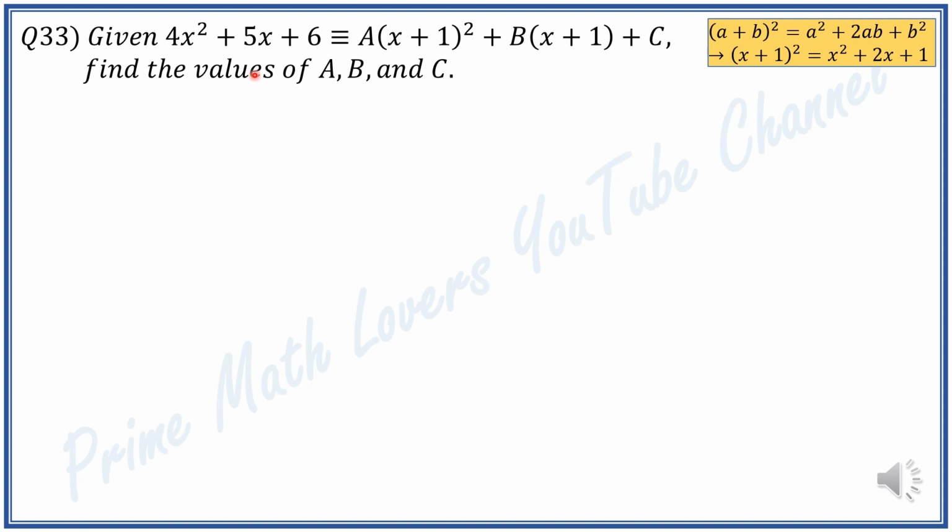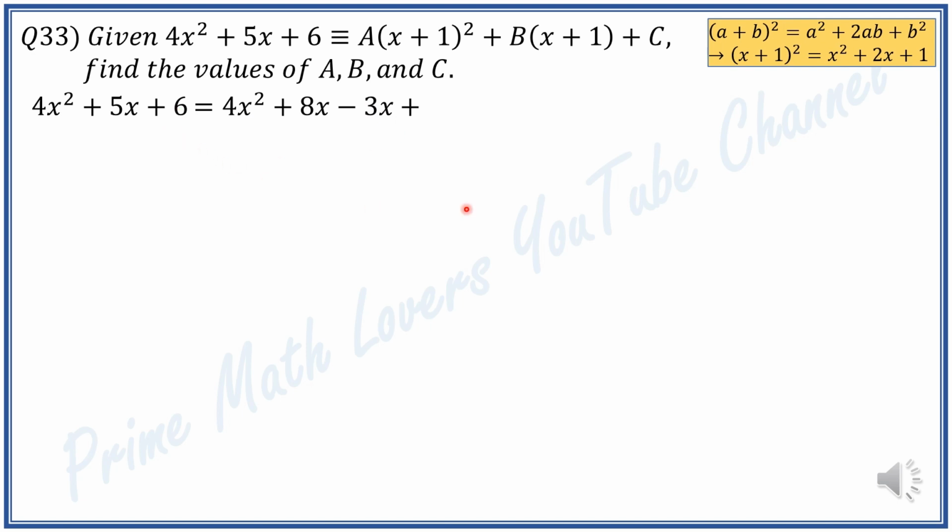I replace 5x with 8x minus 3x, and also I replace 6 with 4 minus 3 plus 5. I will show you why I am doing this. So instead of 5x, I write down 8x minus 3x.